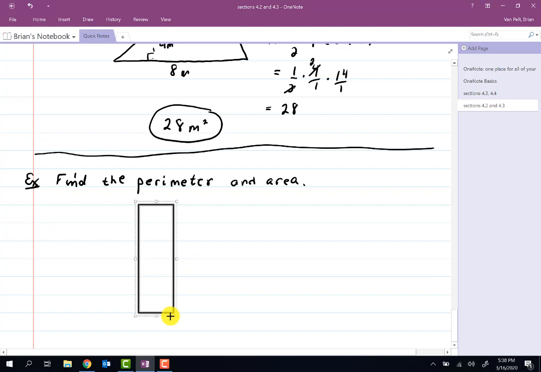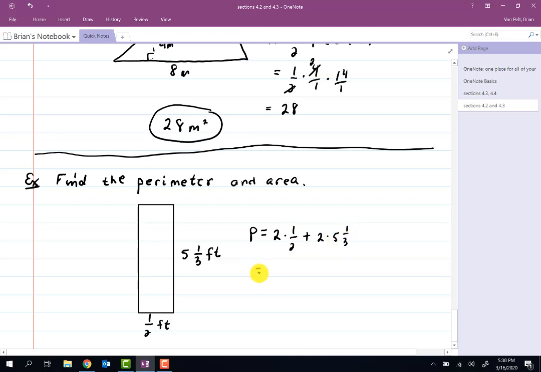So here's what I'm talking about. I'm going to give you one length of 5 1/3 feet. The other length will be 1/2 feet. So for the perimeter, we're going to do 2 times the 1/2 plus 2 times the 5 1/3.